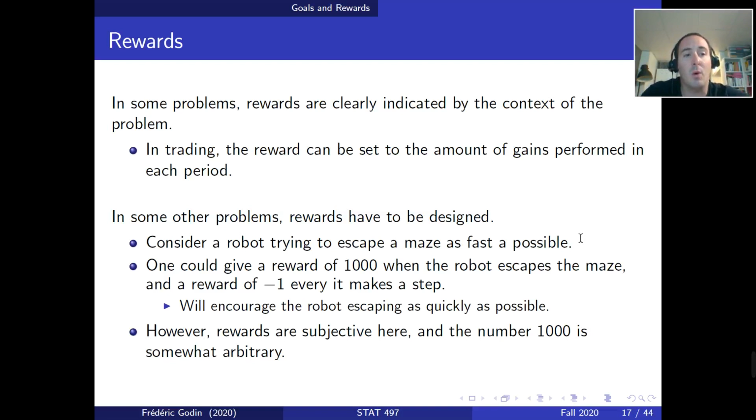So we won't discuss very extensively the process of designing rewards in the current course. So in the current course, the rewards will always be given, but it's a good thing to let you know that in practice, sometimes it's not so simple, and you have to give some thought about designing rewards in the problem.